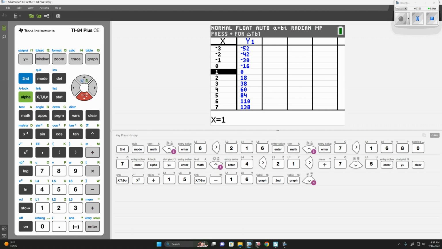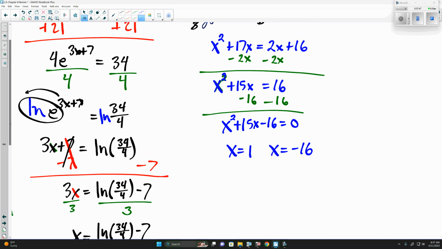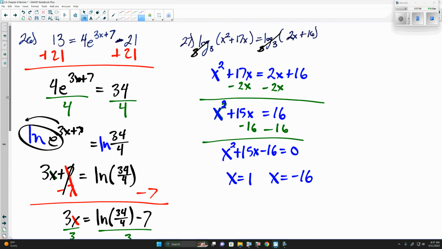One of them is at 1, and the other is at negative 16. Whenever we get 2 answers, it is good to check and make sure that both of them work.